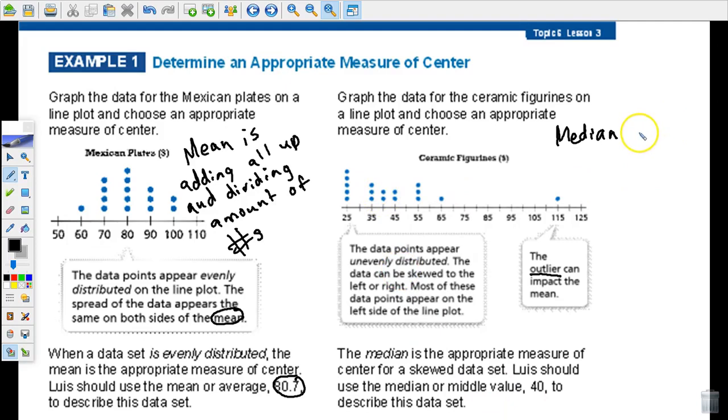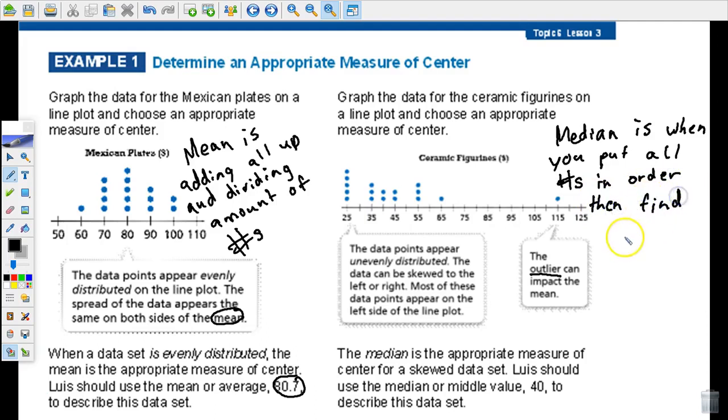So median is when you put all numbers in order, then find the number in the middle. Okay?